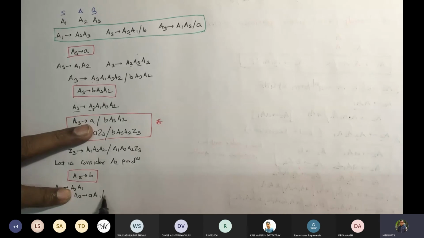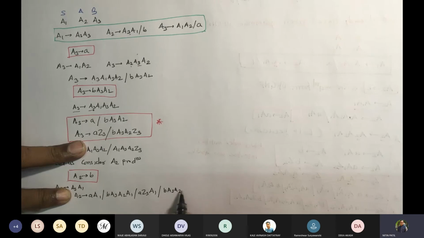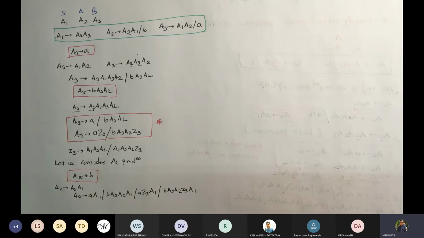सो A1 वैसे ही. B, A3, A2, A1, A, Z3, A1 and then B, A3, A2, Z3, A1. करेक्ट है? देख लो. करेक्ट है?